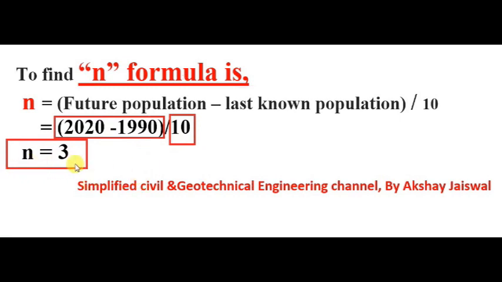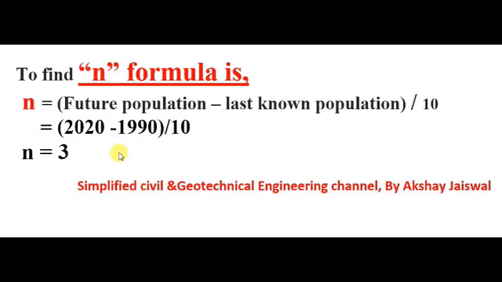So our number of decades will be 3. Or simply we can find out value of n directly just by counting from 1990 to 2020. One decade will be of 10 years, hence we will count it by multiples of 10, that is 2000, then 2010, then last is 2020. So here 3 decades are completed. We can directly write value of n as 3.